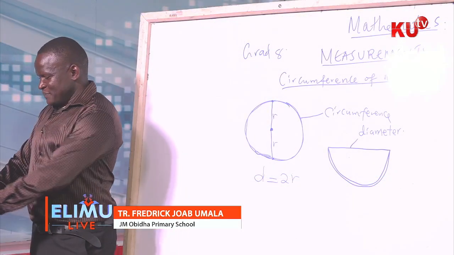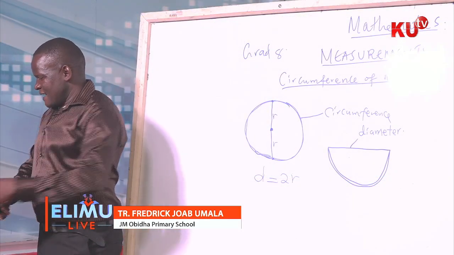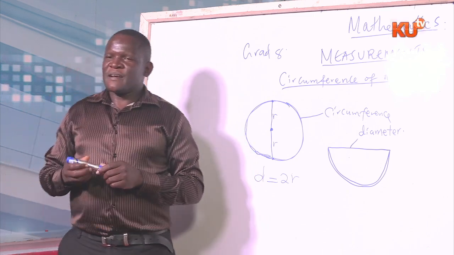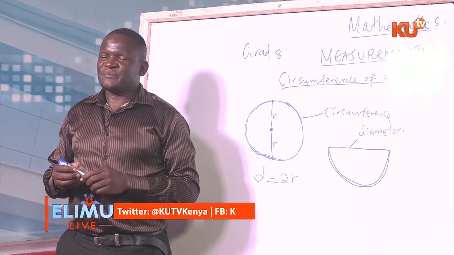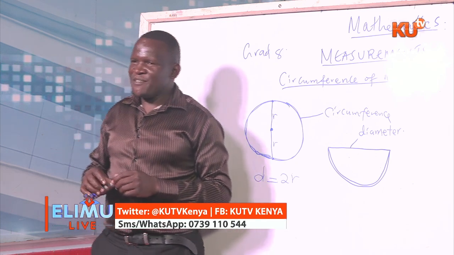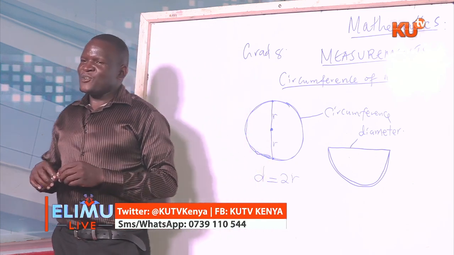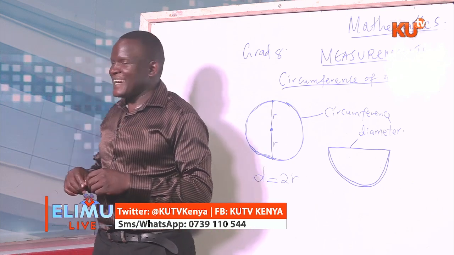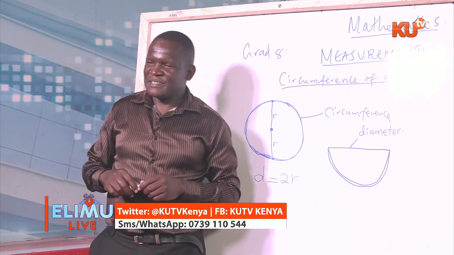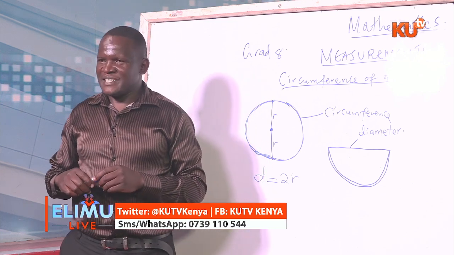Ladies and gentlemen, let's now move to our formula of finding the circumference. Whenever you multiply the diameter by 22/7, you will get the circumference.